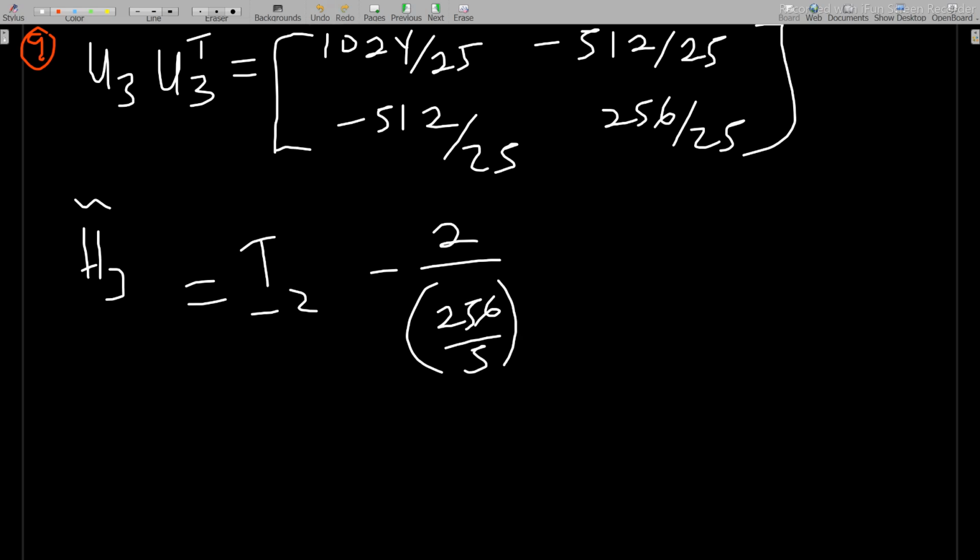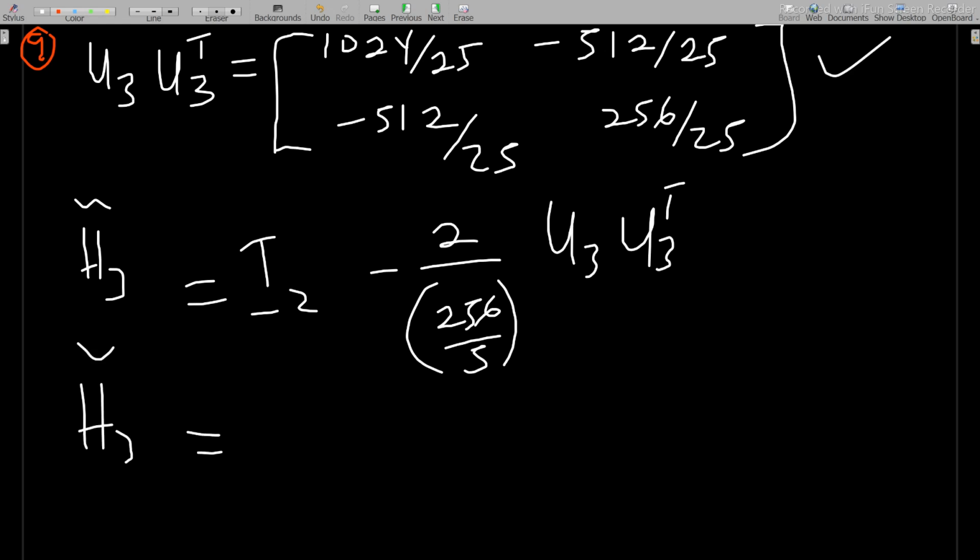Let me put their name there: u3 transpose, and that will give you this. So you put it there, subtract, and you get h3 tilde to be equal to negative 0.6, then 0.8, 0.8, 0.6. These are all you have.